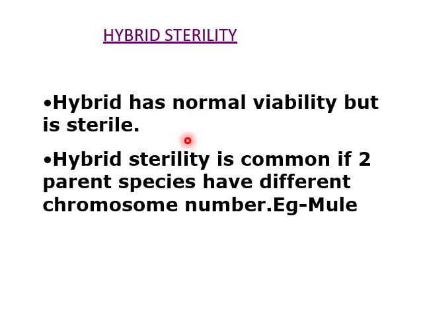In this type, hybrid sterility is common if two parent species have different chromosome numbers, of which one example is already given in the above slides, that is the mule, in which two different parents, horse and donkey, were involved to form a hybrid offspring.